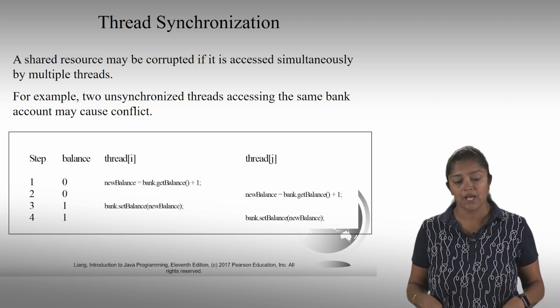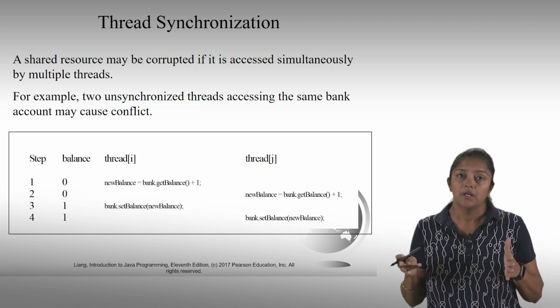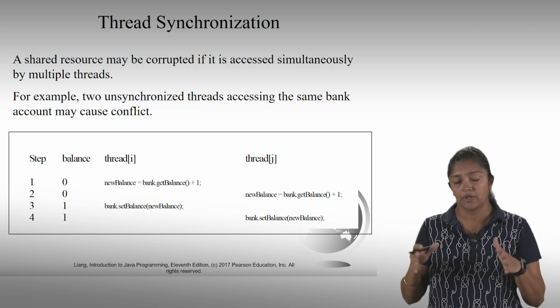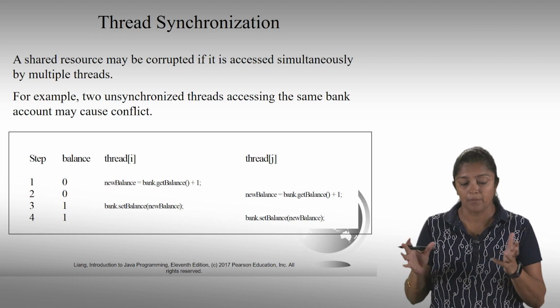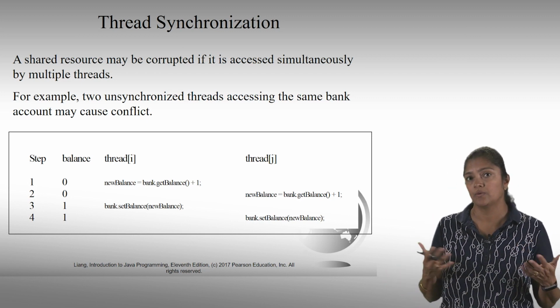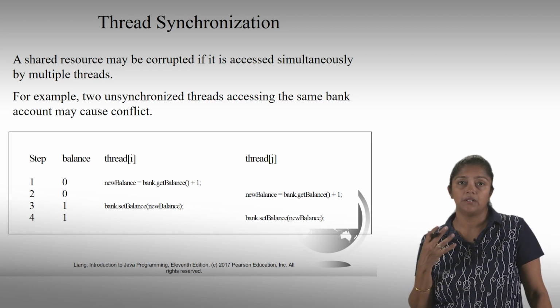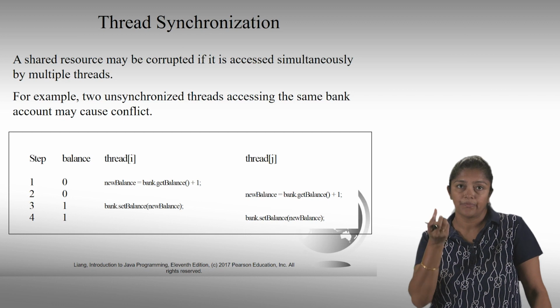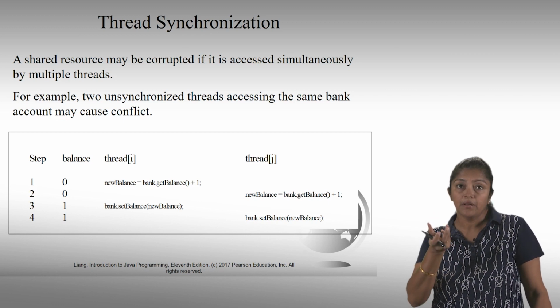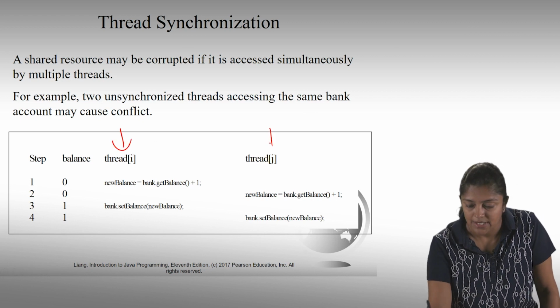To give you an example, say it's a banking application and there are two threads concurrently doing some operations, and they both are accessing accounts and account balances, which means the balance variable is a shared resource that both threads are accessing.